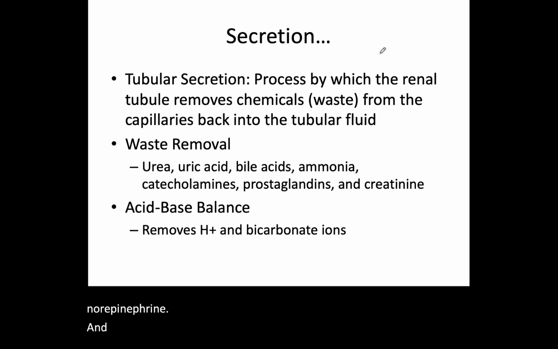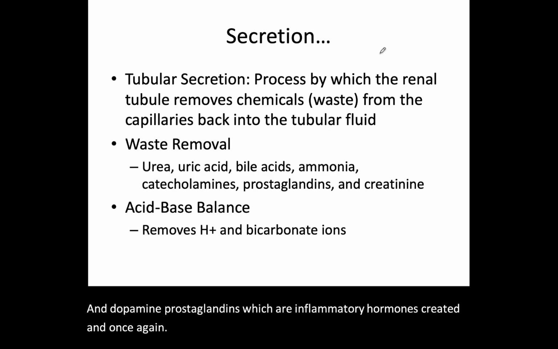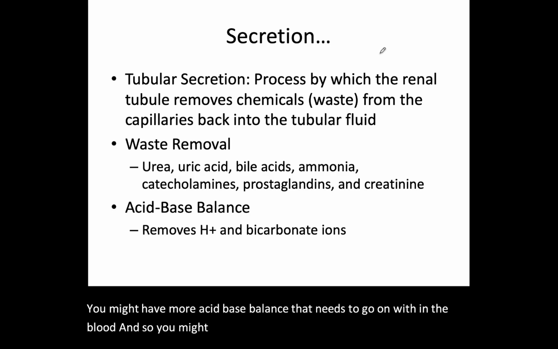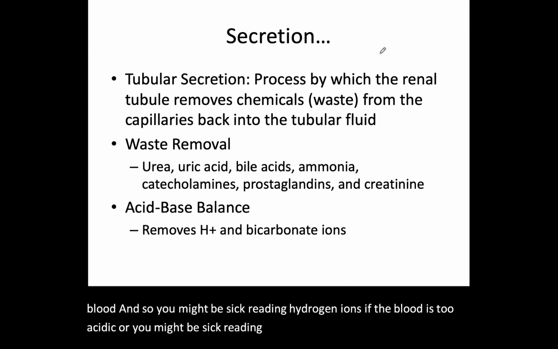Prostaglandins, which are inflammatory hormones, creatinine once again. You might have more acid-base balance that needs to go on within the blood, and so you might be secreting hydrogen ions if the blood is too acidic, or you might be secreting bicarbonate ions if the blood is too basic.